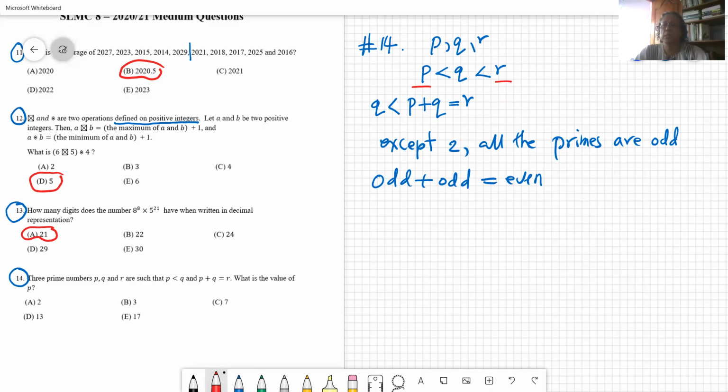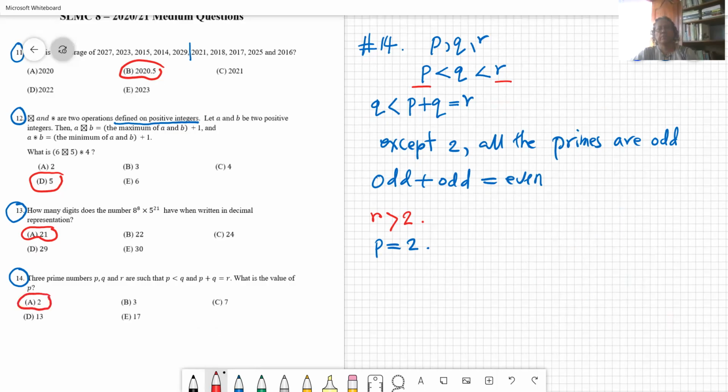Anyway, you can't get R as 2 because 1 is not a prime, right? So R is not equal to 2. So you can see that R is bigger than 2, right? So then it's very clear that P has to be equal to 2, right? Okay, so the answer is 2.